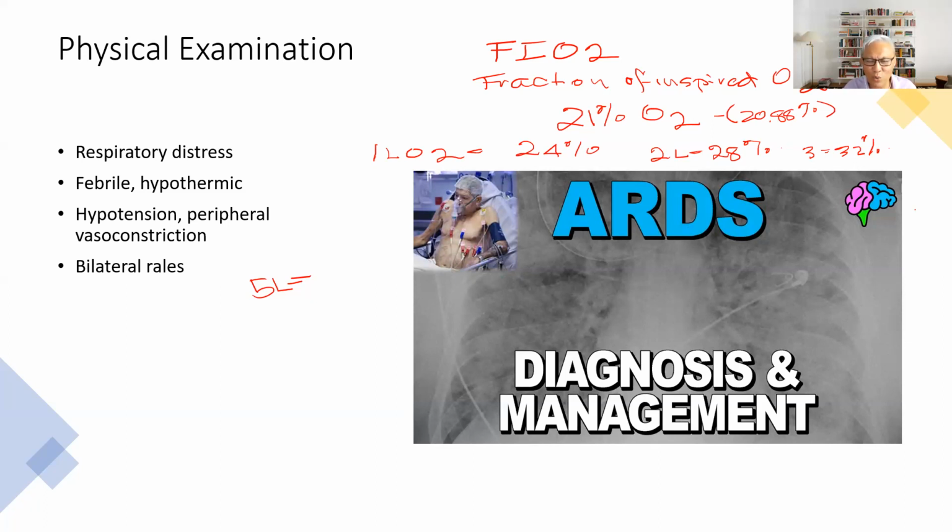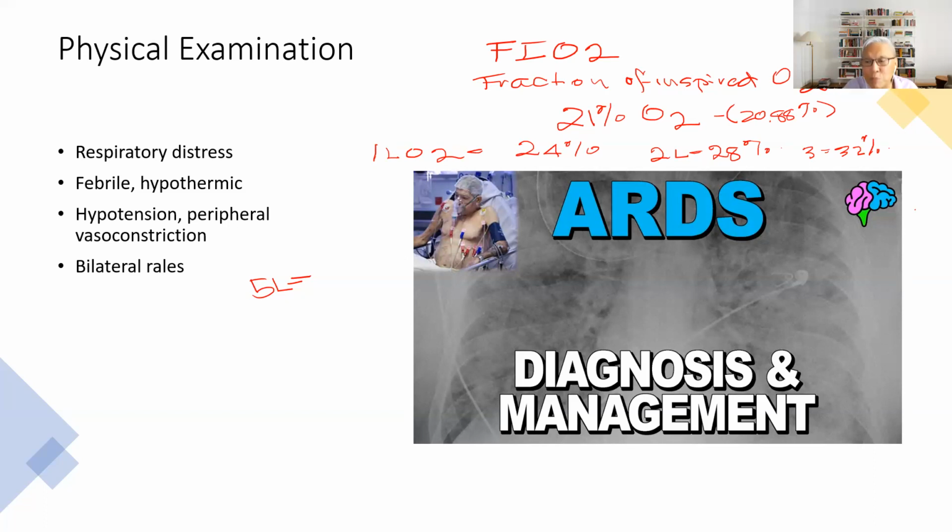All right, so why did I say that? The reason I said that is the respiratory distress of the patient requires more and more FiO2. So the patient might be put on 1 liter of nasal cannula. That's only going to be 24%. It probably will not be enough.